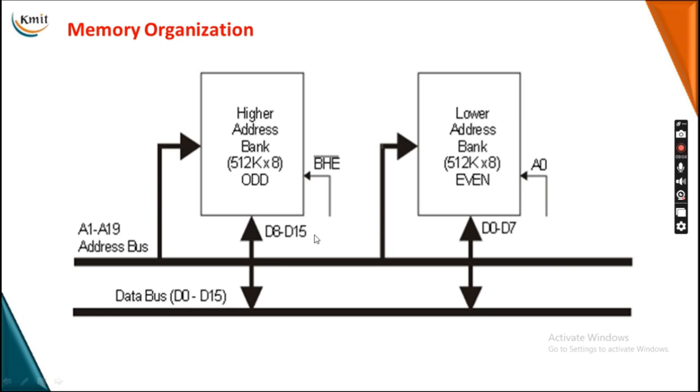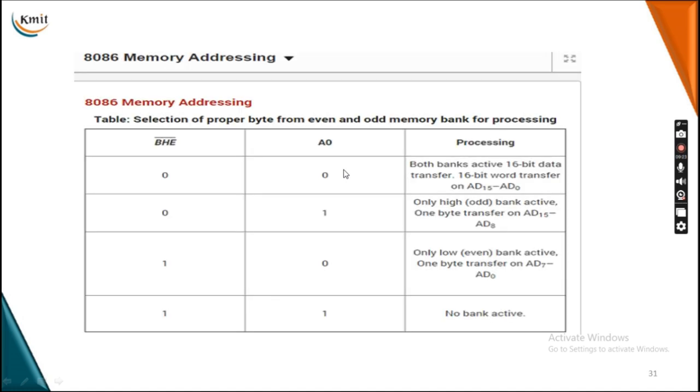The other half can be used to store in the higher address bank, or I can call it the odd bank, D8 to D15, depending upon these two. For A0 and BHE bar, there is one table which you need to look up, which is how you are selecting the address banks for processing or storing the data.